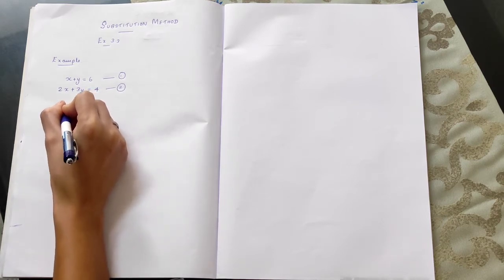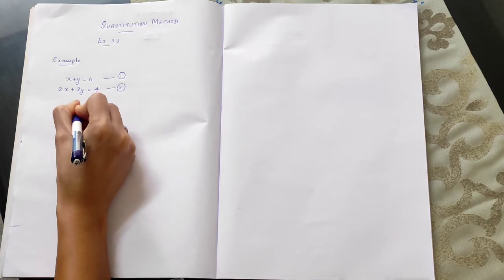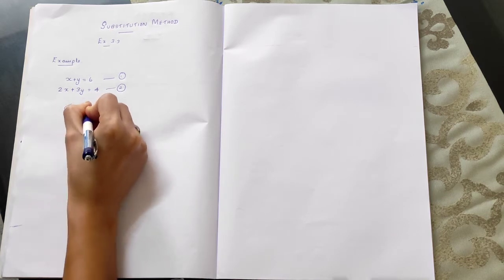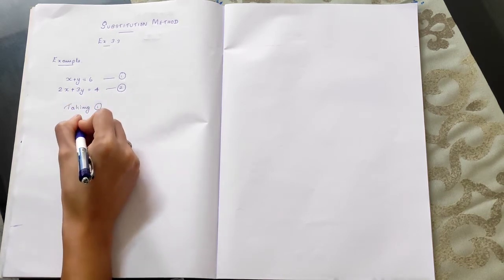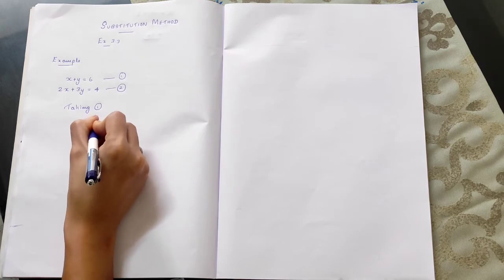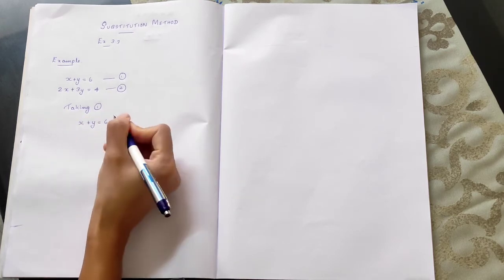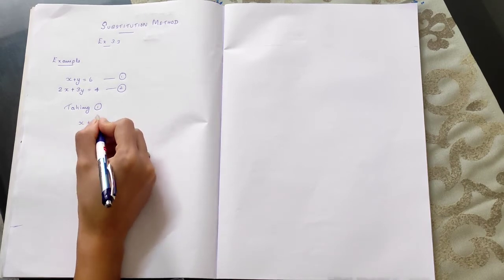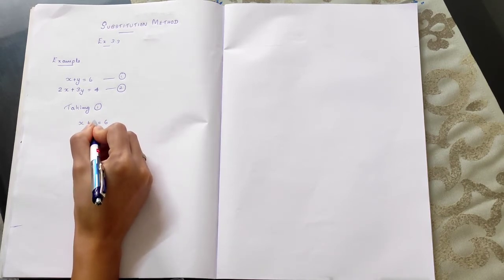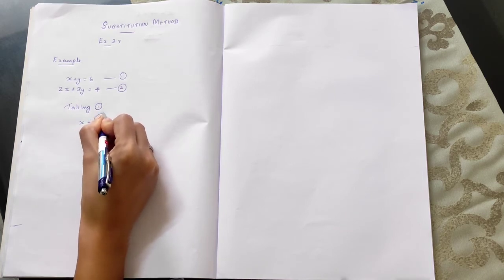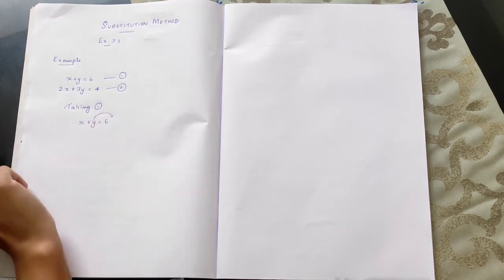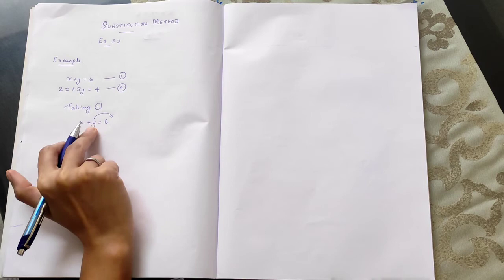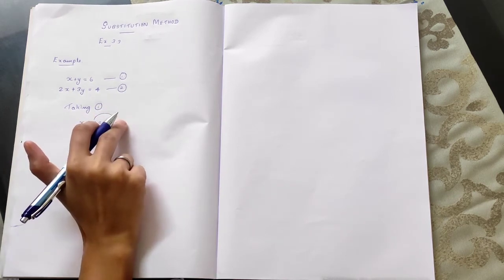So we can write, taking equation number 1, that is x plus y equal to 6. And what we are going to do next is we are going to take this y to the other side, to the right side.